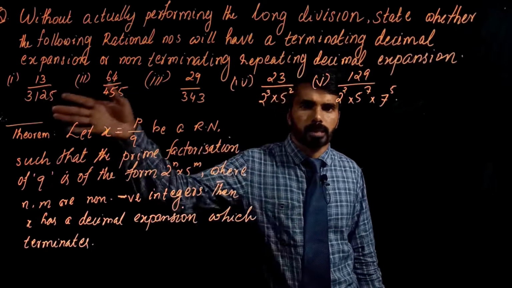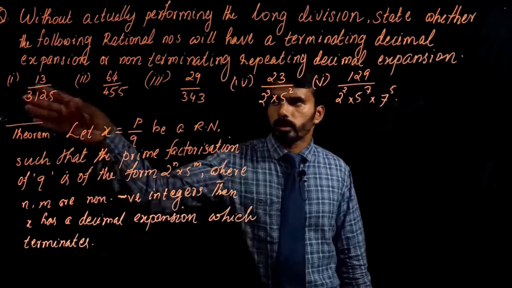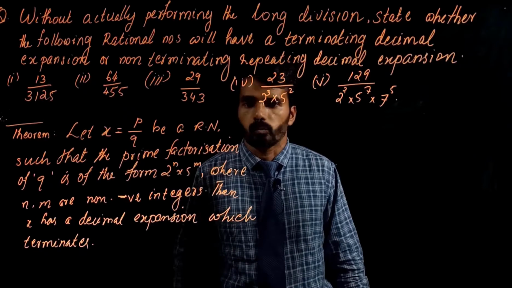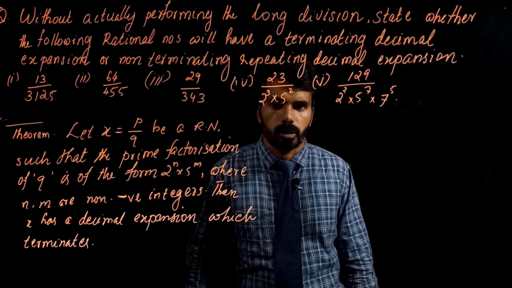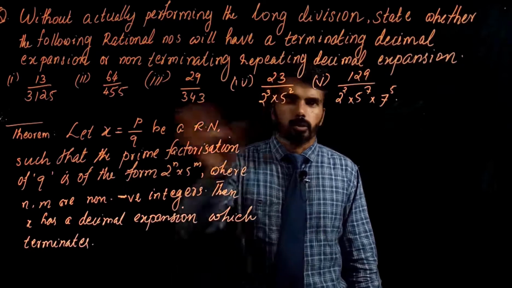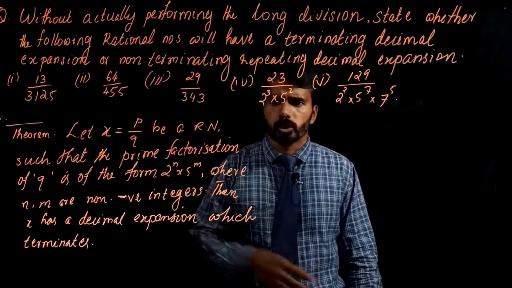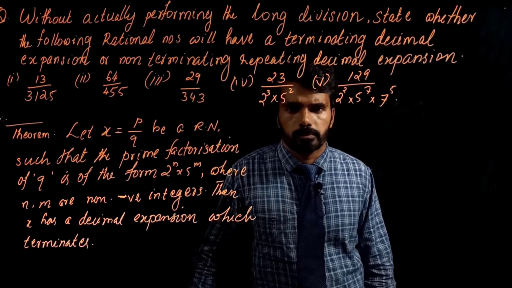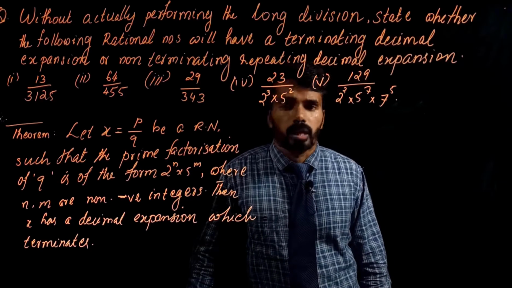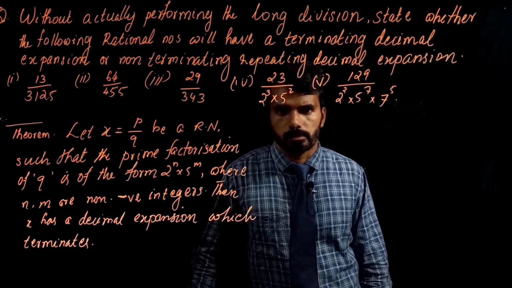Here the given rational numbers are: first one 13 divided by 3125, second one 64 divided by 455, and so on. To solve this question, we have learned one theorem, and we have to make use of that theorem here.